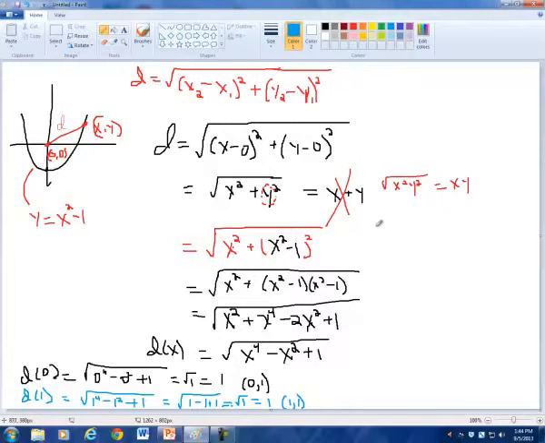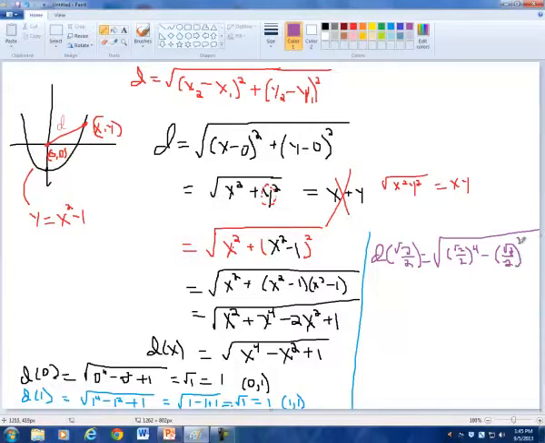Here we want to know what is d at square root of 2 over 2. So we'll put in here square root of 2 over 2 to the fourth minus, and this will be square root of 2 over 2 close parentheses squared plus 1.